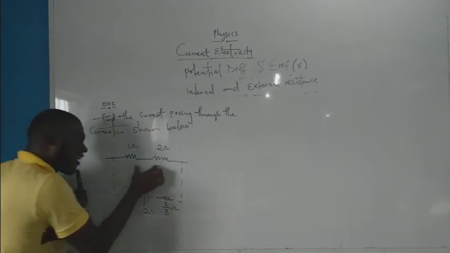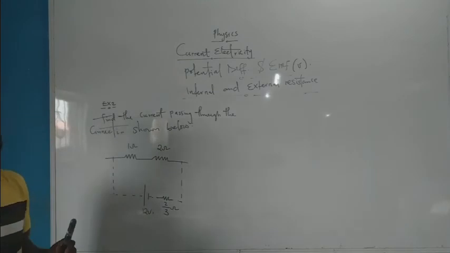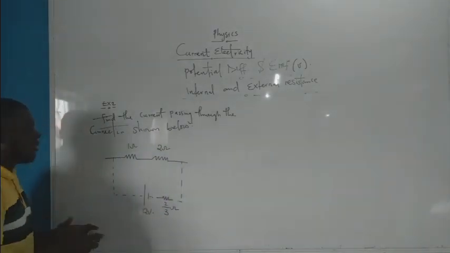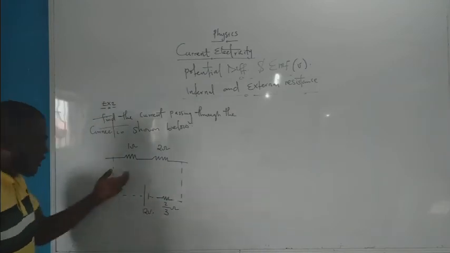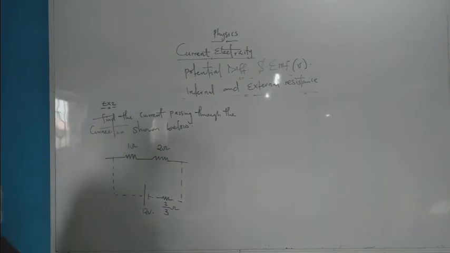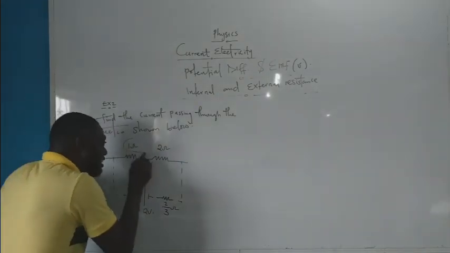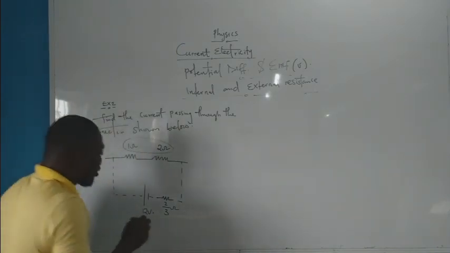Are we together? This is what we call series connection, or series arrangement. Some textbooks use the term networking of resistors. Okay? Now, networking, arrangement, or series combination. So let's go. These are the external resistors.